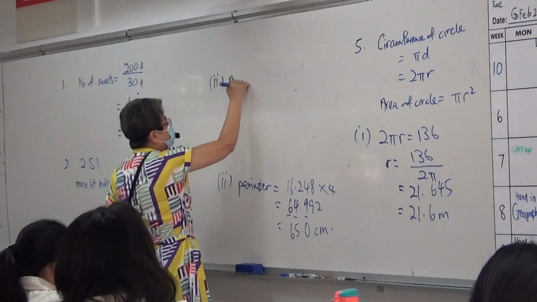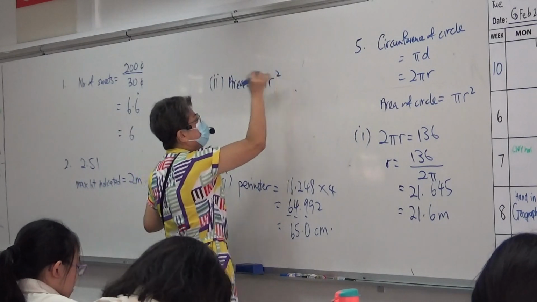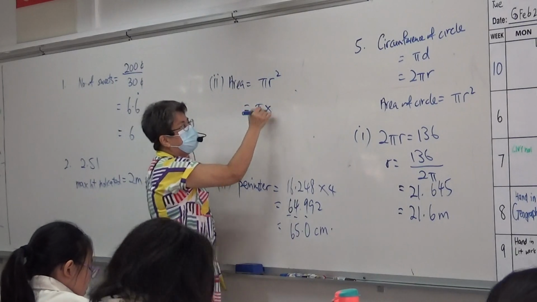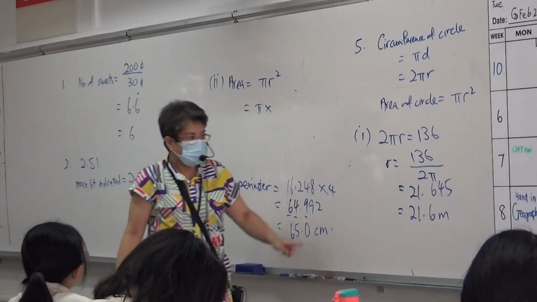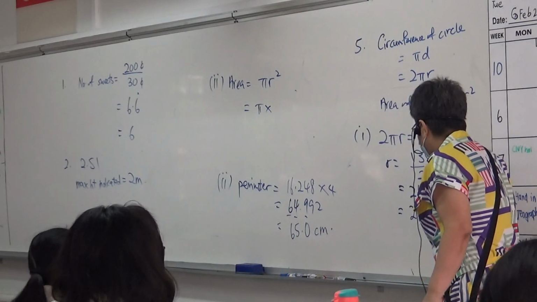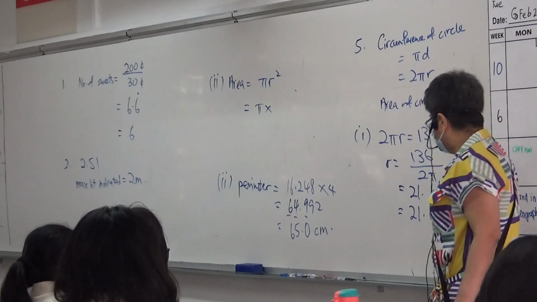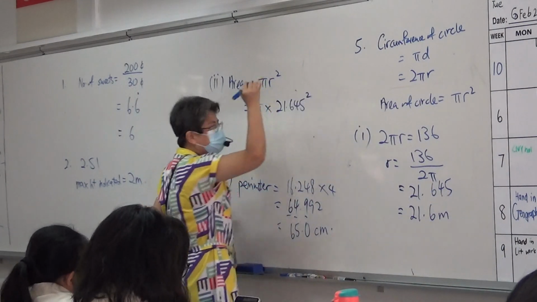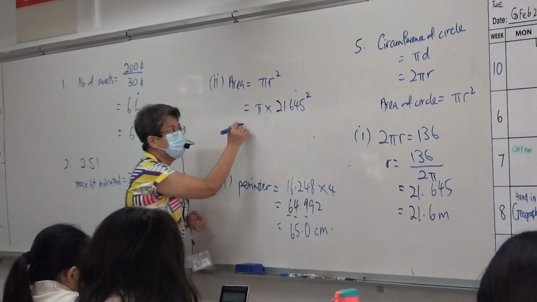Everybody write down. Area is pi r squared. That means this is pi times r squared. Now, r. Which one do I use? Can you tell me I use 0.645 or 0.6? 0.645. Alright. 21.645 squared, right? Yes. Okay, key in for me.